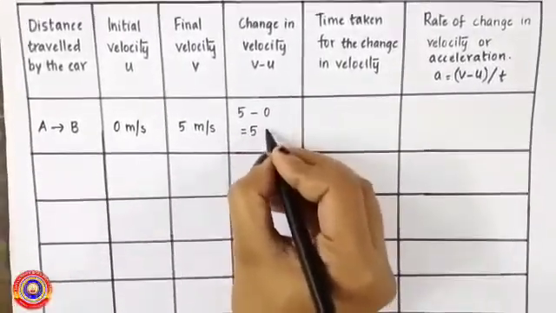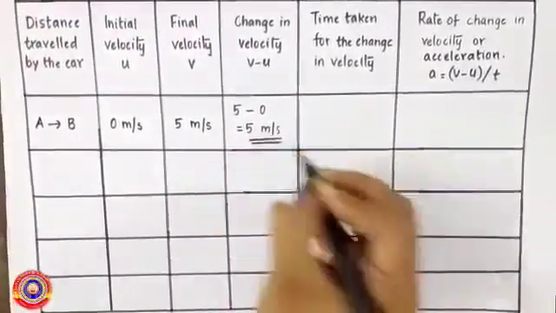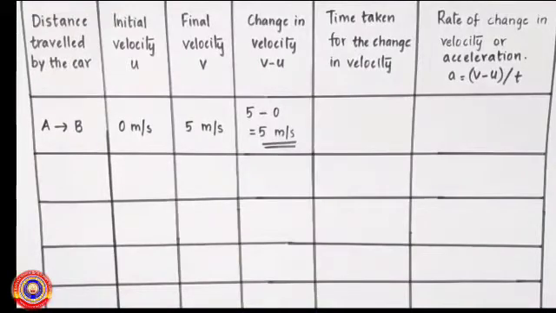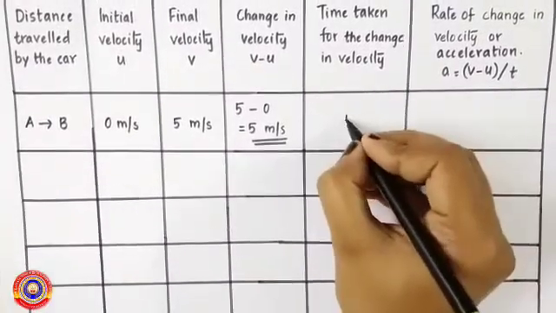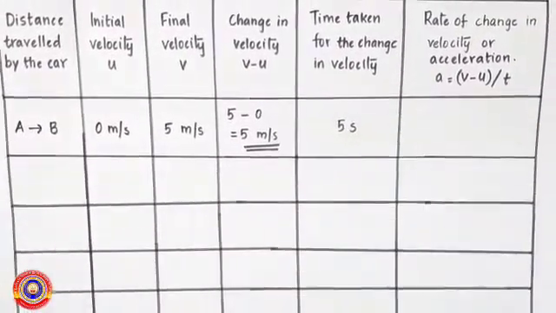The change in velocity is v minus u, final velocity minus initial velocity. 5 minus 0, that is equal to 5 meter per second. And it takes 5 seconds for the body to go from the point A to the point B.